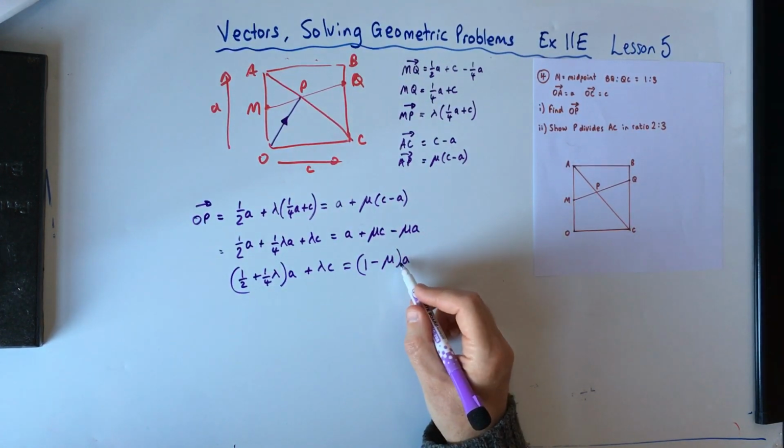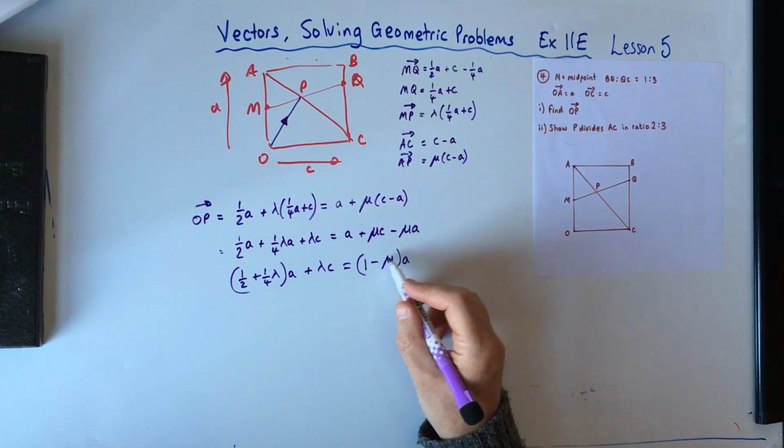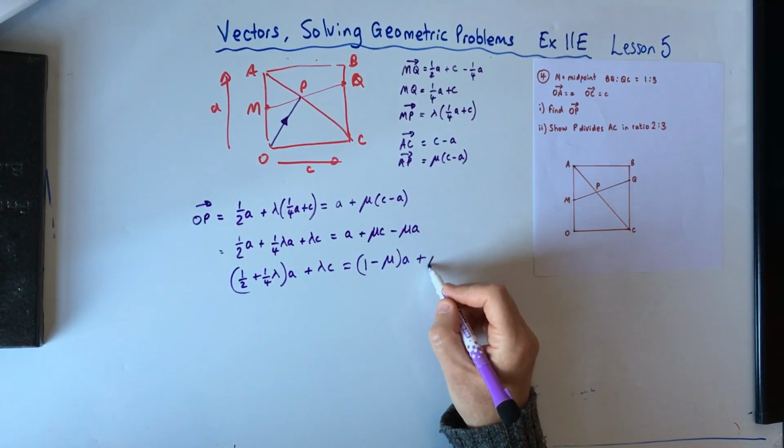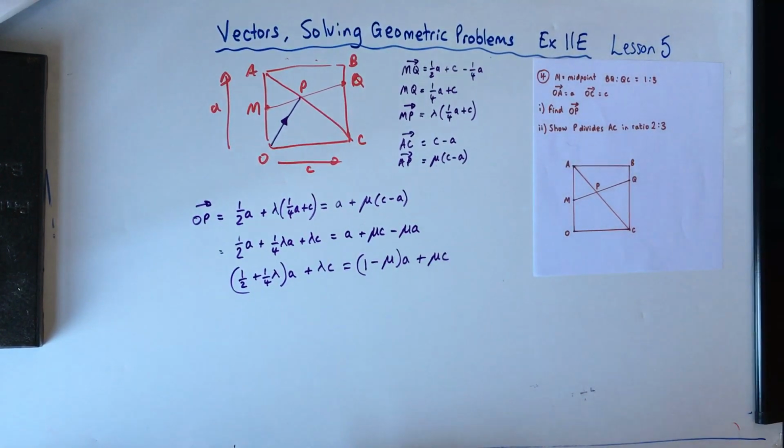Okay, so I've done 1 minus mu A, that gives me 1A minus mu A plus mu C. Okay, so I've got that now.